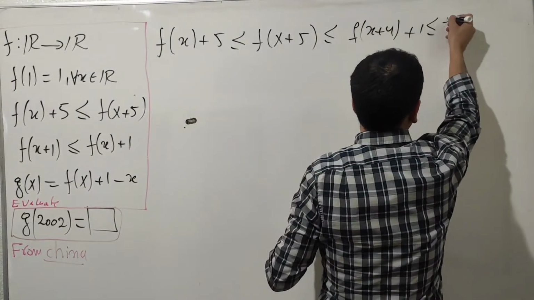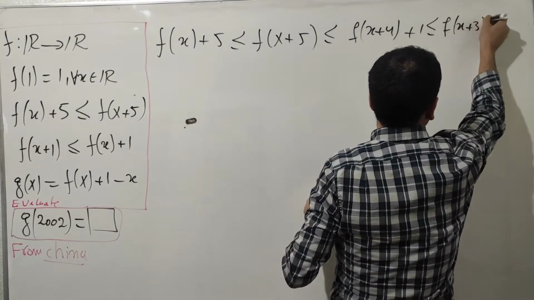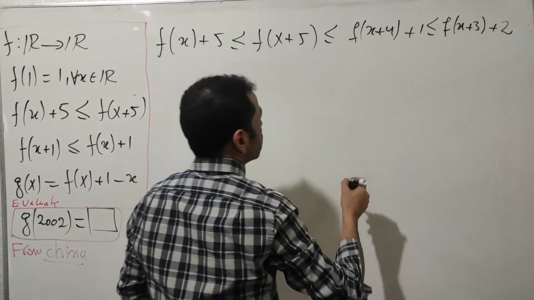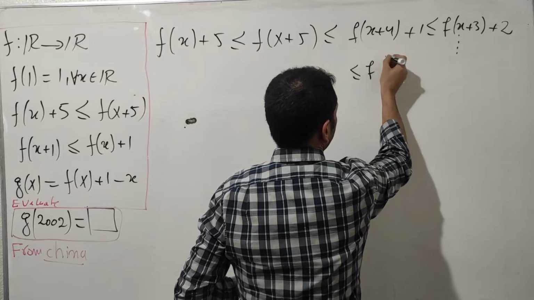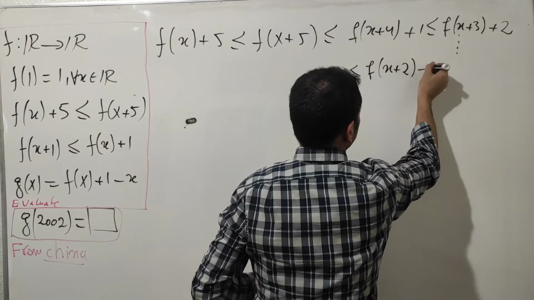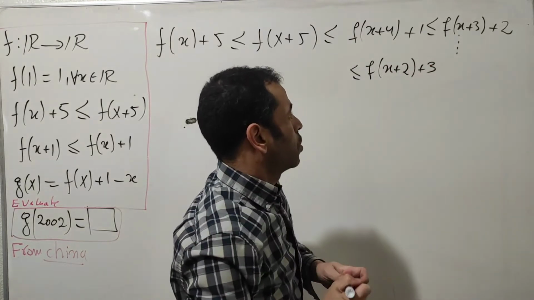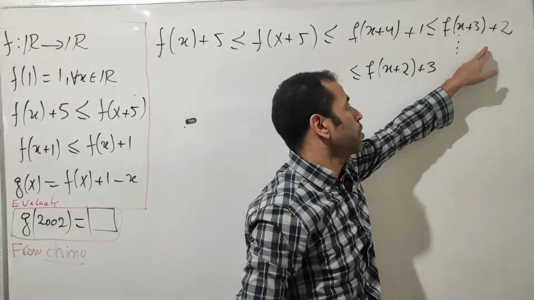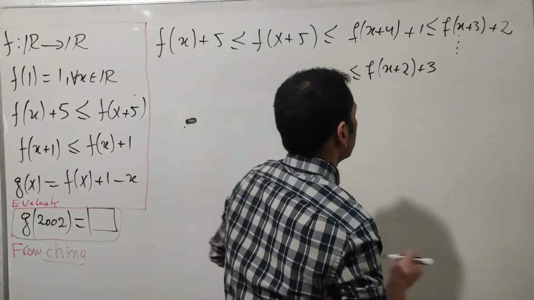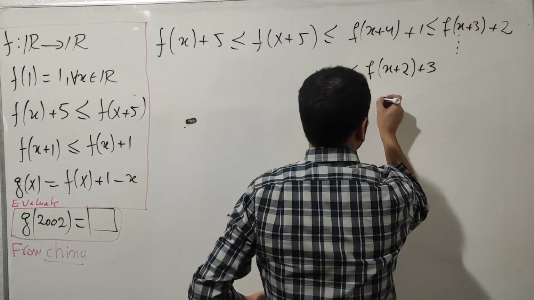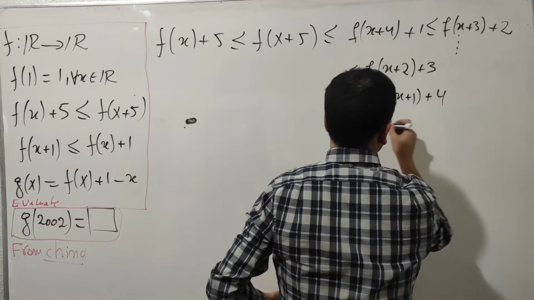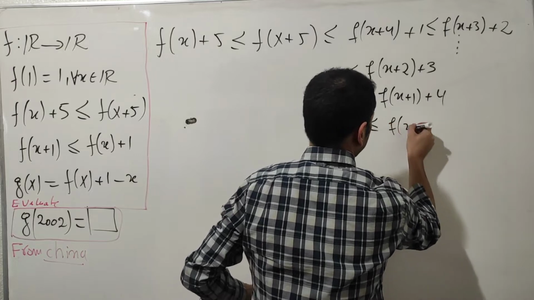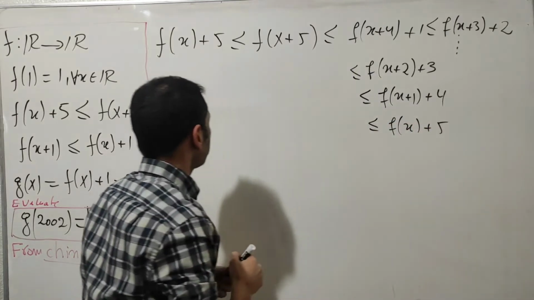This one also will have f of x plus 3 plus 2. Keep going, I get this is inferior to f of x plus 2 plus 3. This one keeps going down, but this one is going up, which is inferior to f of x plus 1 plus 4. Lastly, I get f of x plus 5.